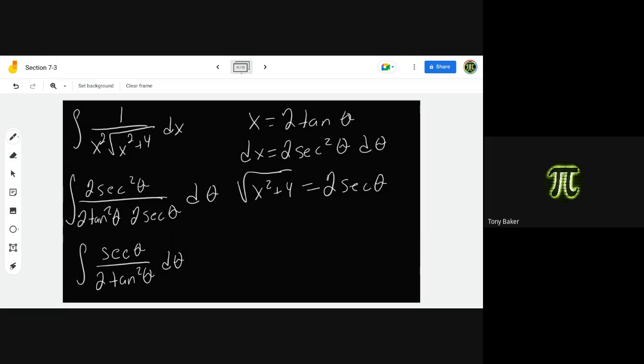Oh, sorry, 4 tangent squared theta. And then the square root of x squared plus 4 is 2 secant theta. Clean it up a little bit. You can get rid of the 2's, and I can get rid of one of the secants. So I have secant theta over 4 tangent squared theta.